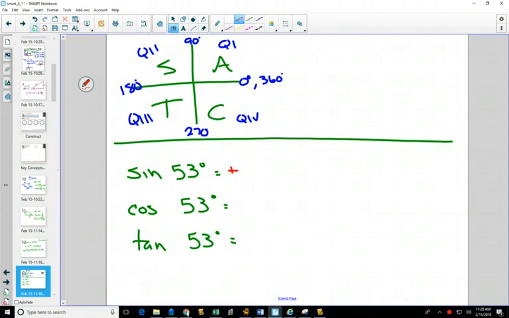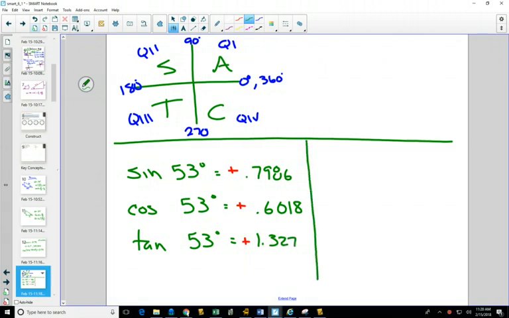And when we put them in, all three of them give us positive numbers. Sine is 0.7986. Cos is 0.6018. And tan is 1.327. Perfect. And they're all positive.